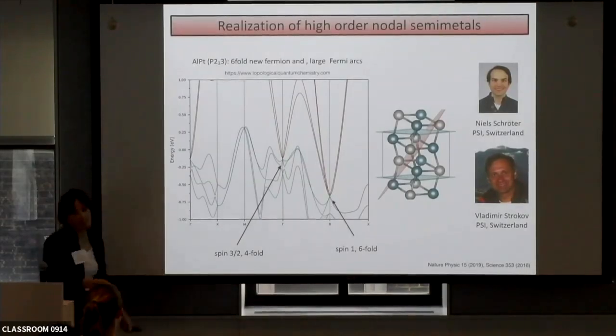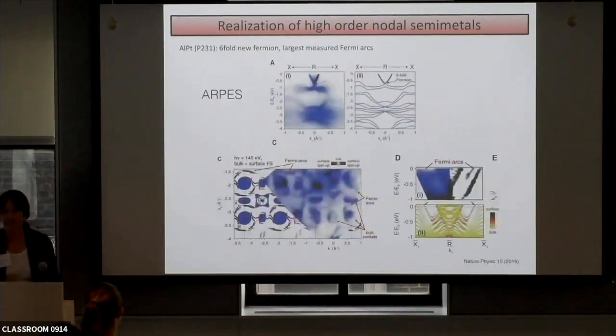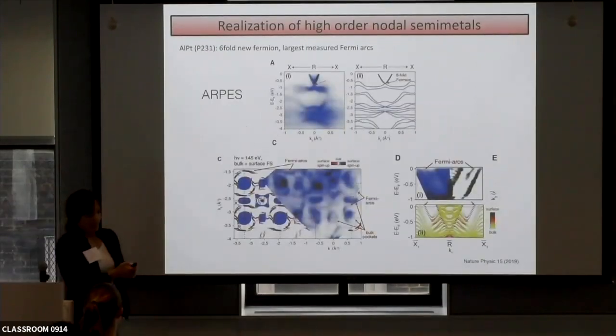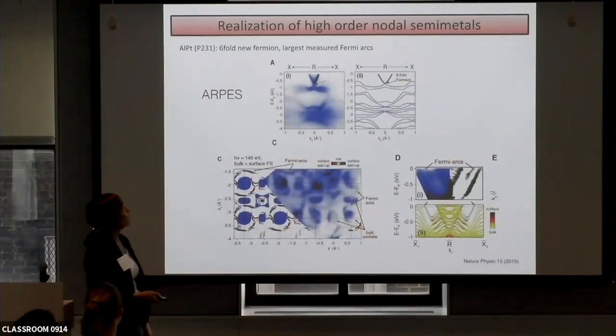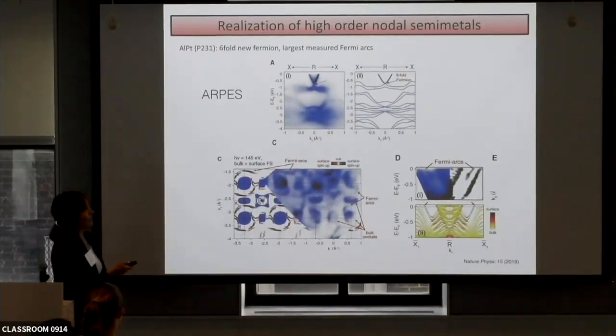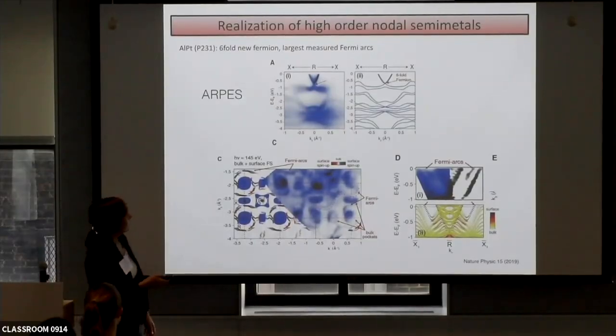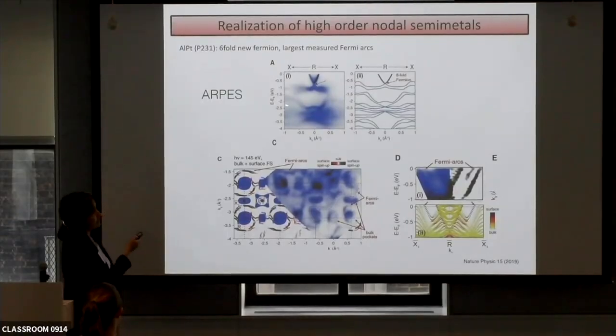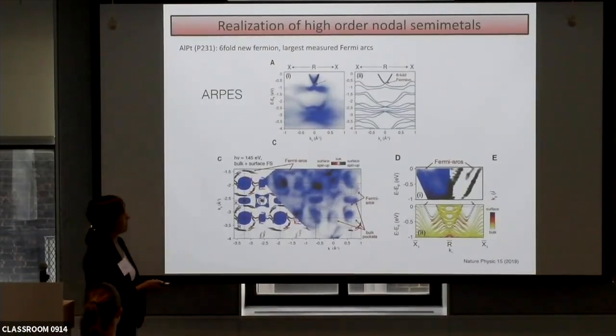So Niels got this material, and he cleaved it, and he did ARPES. He got ARPES data, a very, very nice and clean ARPES data that actually proves that sixfold fermions exist there. And it was the first time a sixfold fermion was measured. It's in amazing agreement with the DFT calculation, even the energies.